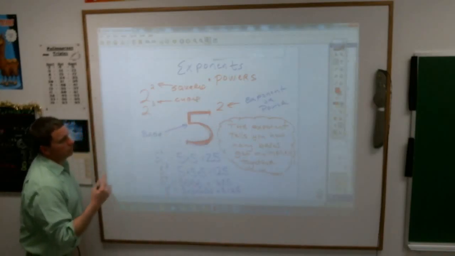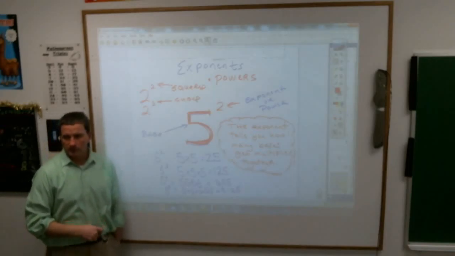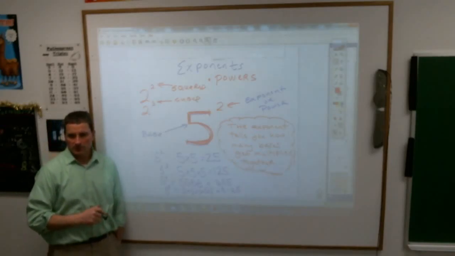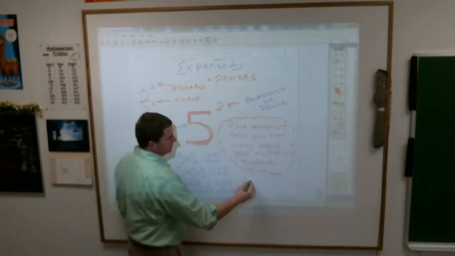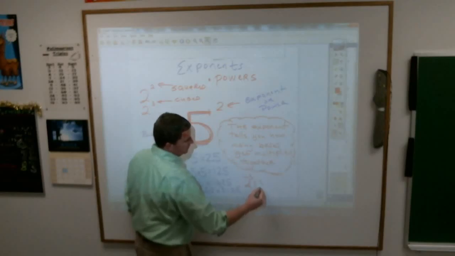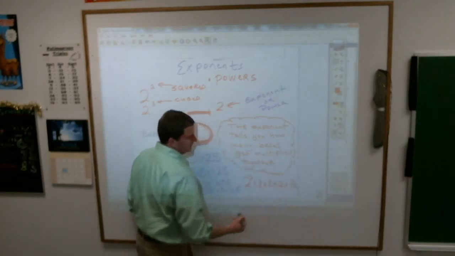So 2 cubed, what is 2 cubed? Anybody care to speculate what 2 cubed is? Alex? 8. 2 cubed is 8 because it is 2 times 2 times 2, which in fact is 8.